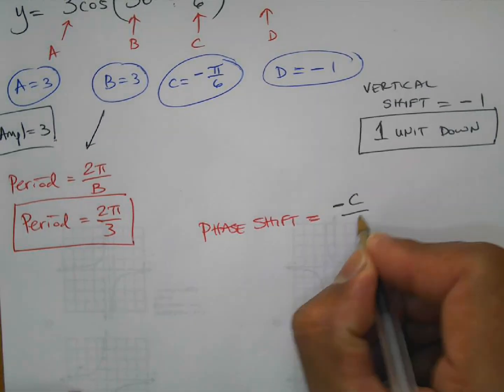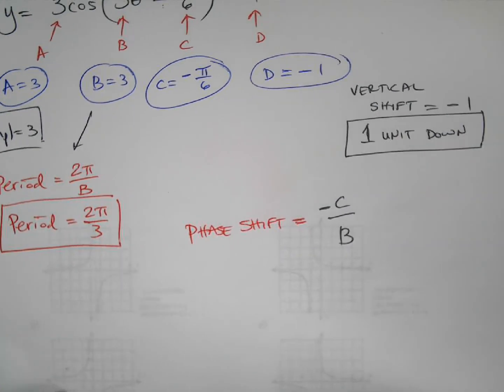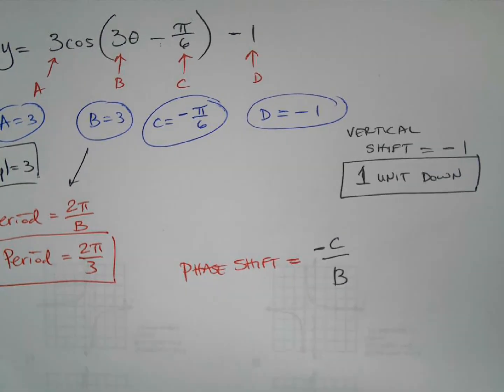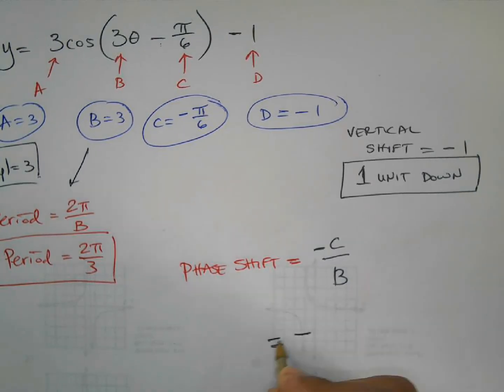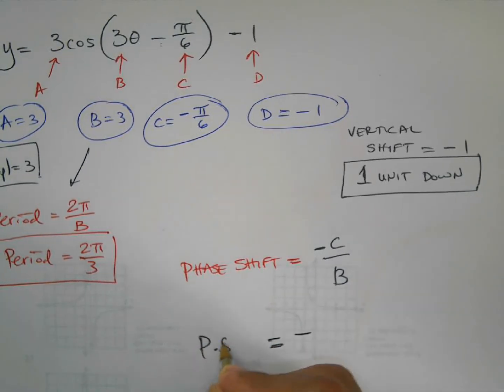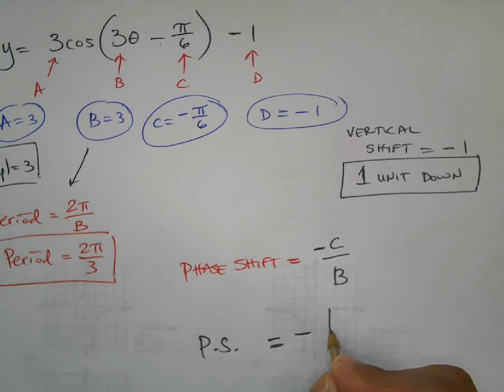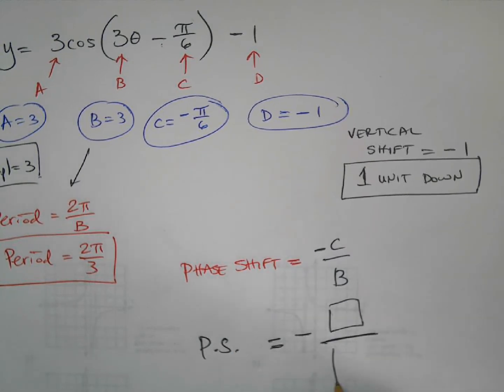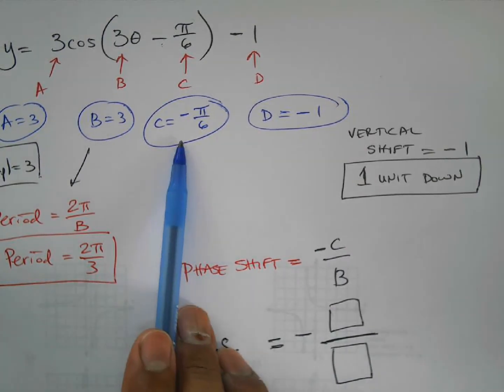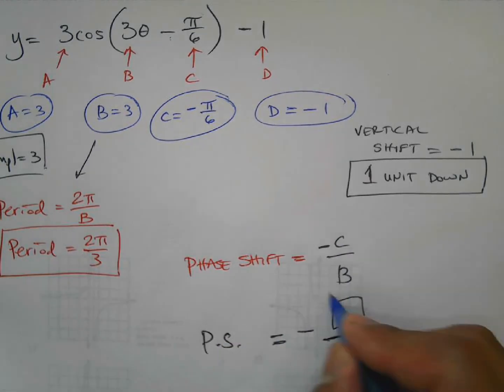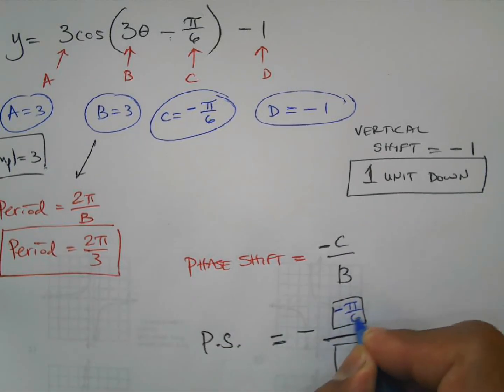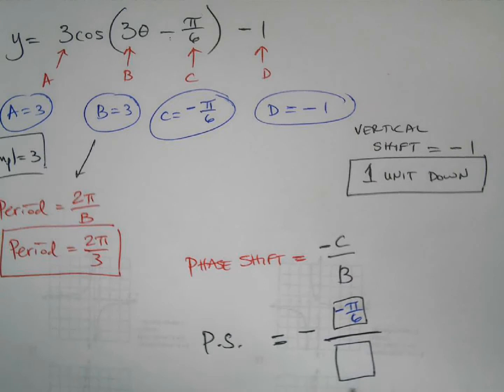It's negative C over B. So phase shift is negative of something divided by something. And if you notice, your C also has a negative. Don't forget, that's negative pi over 6.